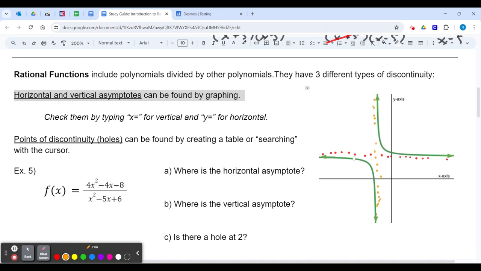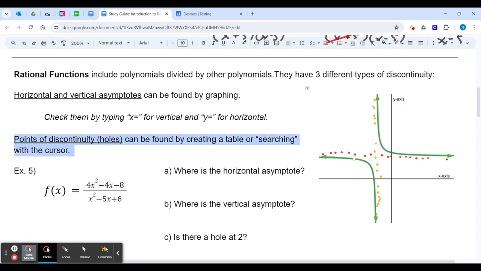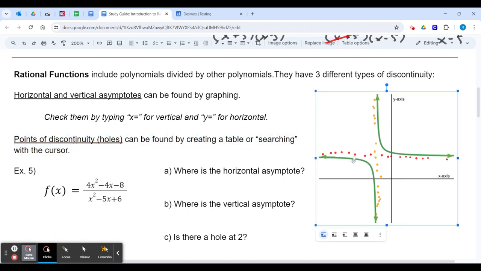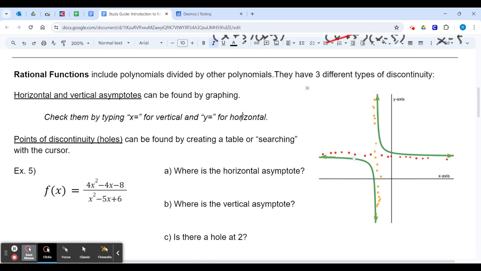We can find these by simply graphing and looking for those horizontal or vertical straight lines where our graph never touches. It's easy to visualize that by typing in x equals or y equals to draw a vertical or horizontal line. There's also a point of discontinuity, or hole, which will just show up at an instant in our graph. We can either use a table or search with our cursor to find that, but a hole is shown right here in our image.